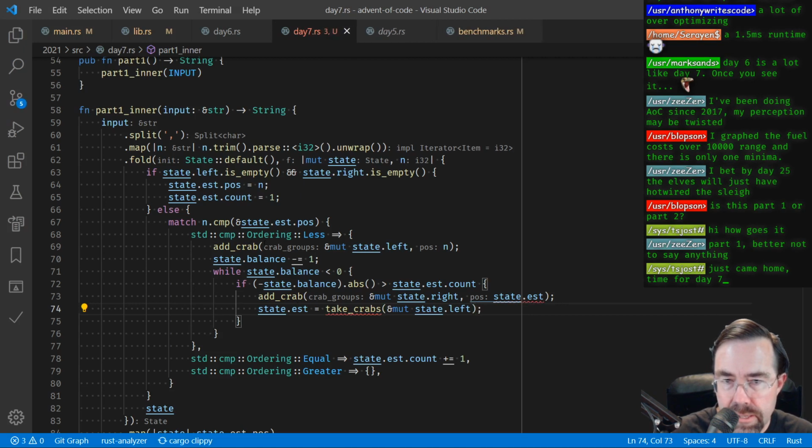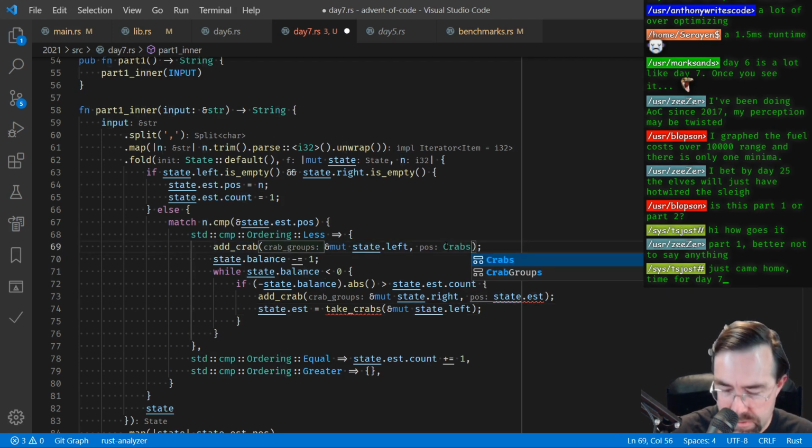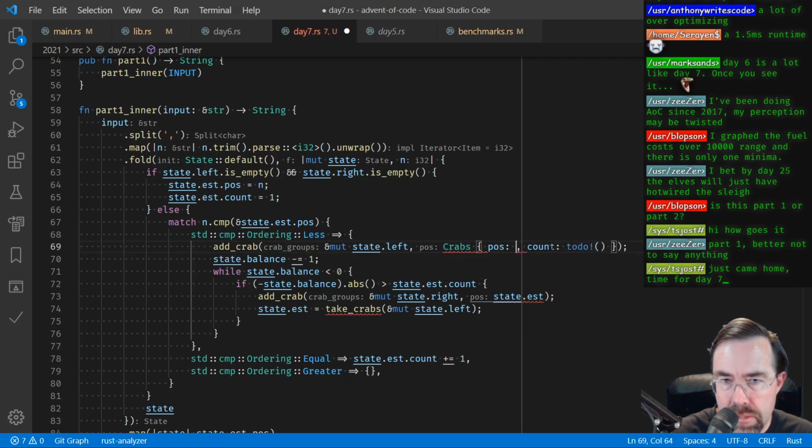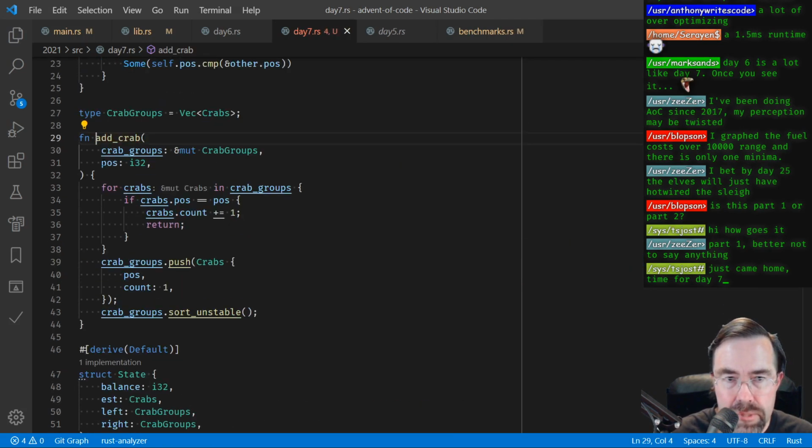Right. This one right here. I'm having trouble with this one, obviously. Crab's position is n and count is 1. Add_crab takes crabs. This should just be crabs.